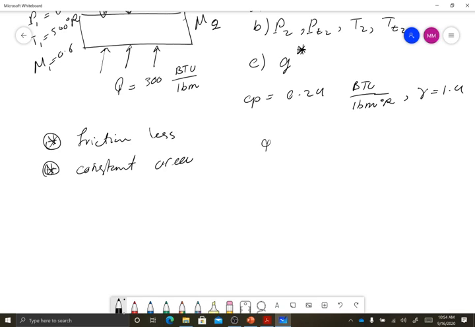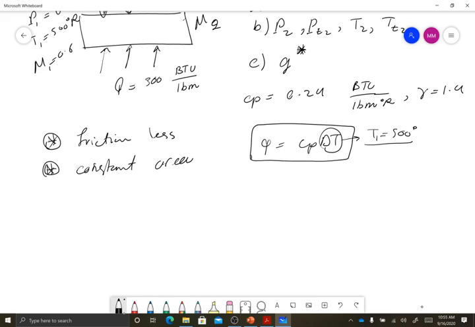So for T, you use Q equals CP delta T, right? And what is the temperature used here? 500. So you use the static temperature, right? You don't use the total temperature here. But we have a flow going in here, so this equation doesn't apply to the static pressure.